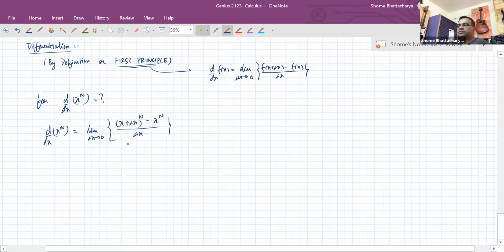Now I can't directly apply the binomial theorem because this is not 1 plus something. So I will do some manipulation here: I'll take x common from the first bracket.